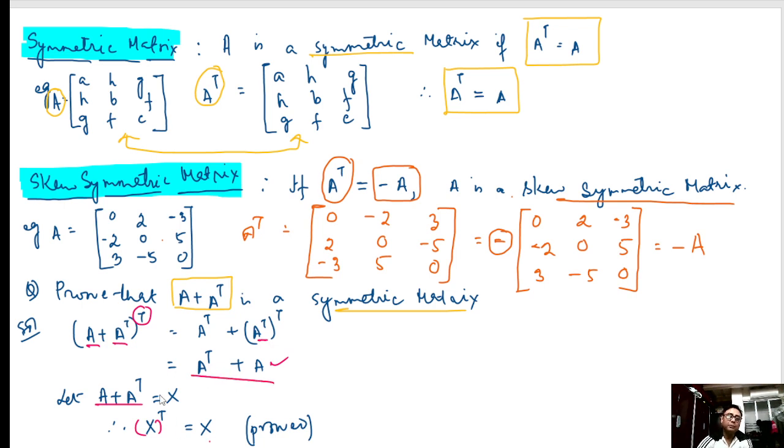That means the transpose of this matrix has given the same matrix, so I can tell that this is a symmetric matrix. Transpose of this whole matrix has given me the same matrix. Clear?